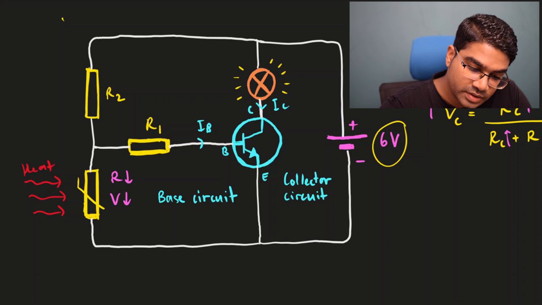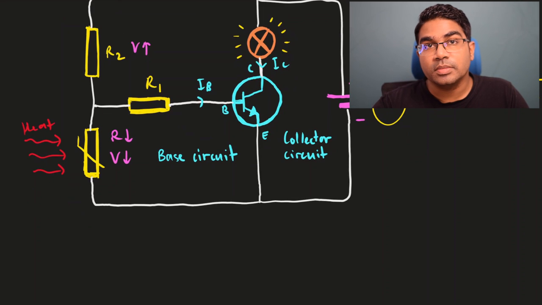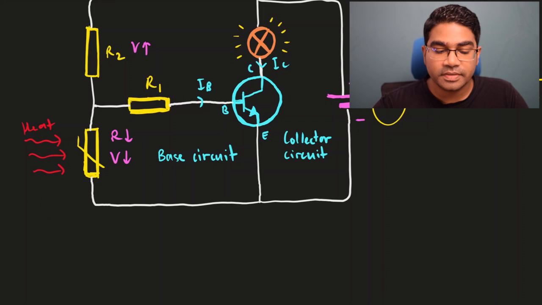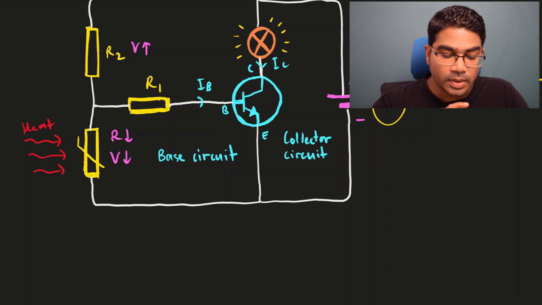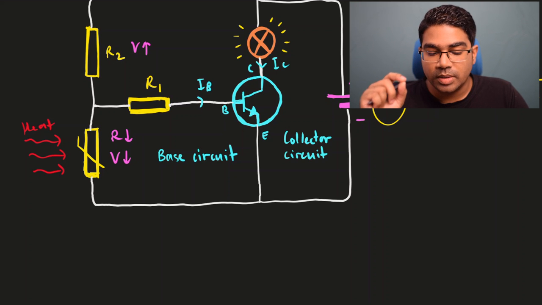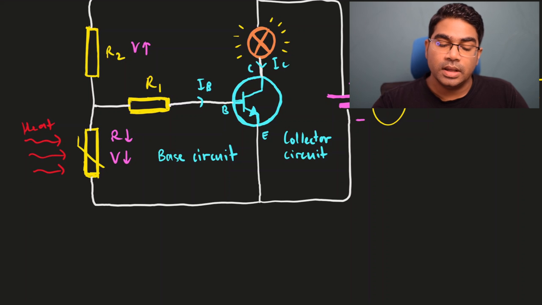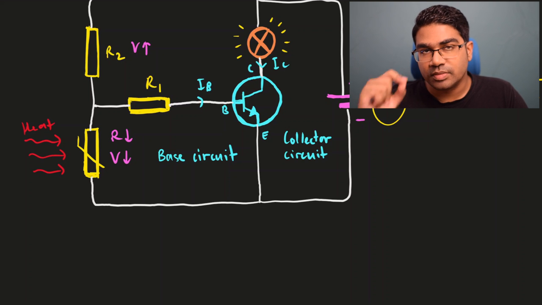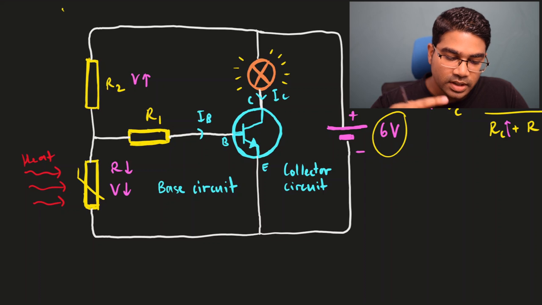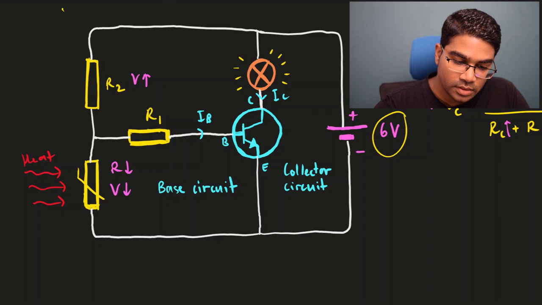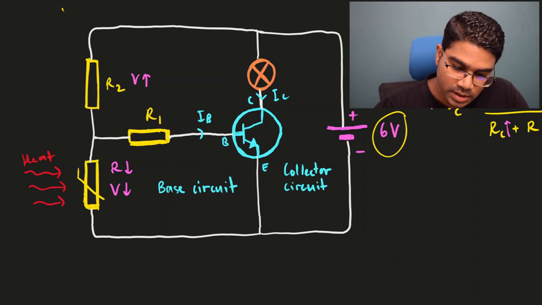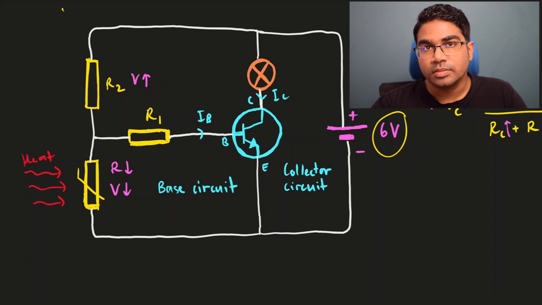Relatively, the potential difference across R2 is going to increase. Now here it doesn't matter because we are concerned with the potential difference in the base circuit. When the potential difference in the base circuit drops, the base current is going to be very small. When the base current is too small, then the collector current will be very small as well. So the transistor will not be switched on. So there won't be any light.